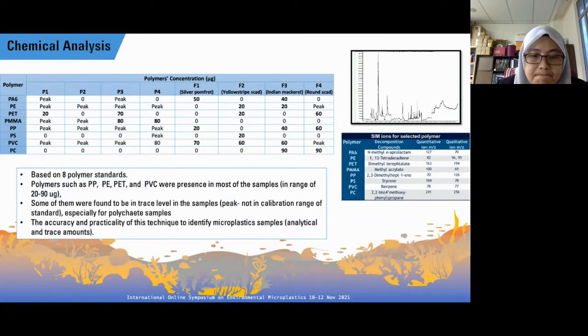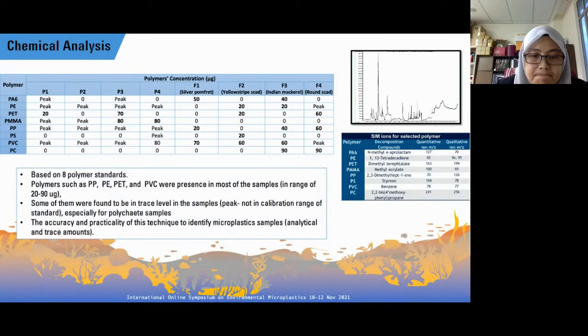This is based on 8 individual standard polymers. Interestingly, using this method, polymers such as PP, PE, PET, PVC were found in most of the samples, and some other polymers were also found. However, at trace level, you can see a small peak here, but we cannot count the concentrations.